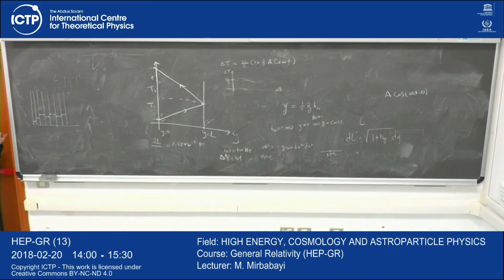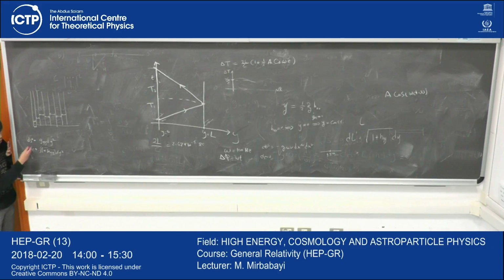In such a case, ds squared will then reduce to h_yy dy squared. It's just equivalent to dy squared.